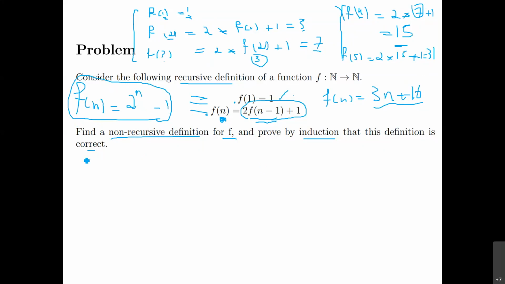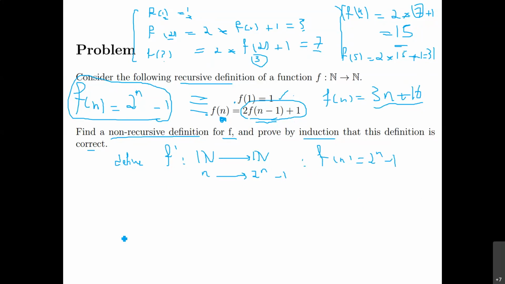So let's define f prime, a new mapping from n to n, such that n goes to 2 power n minus 1. So this is basically just saying that f of n equals 2 power n minus 1.